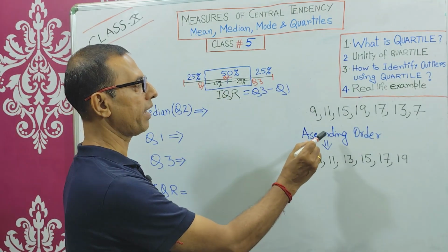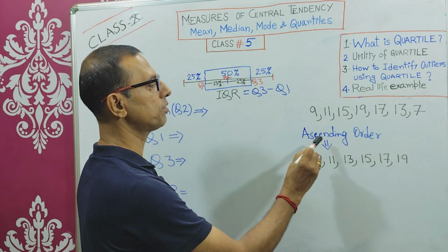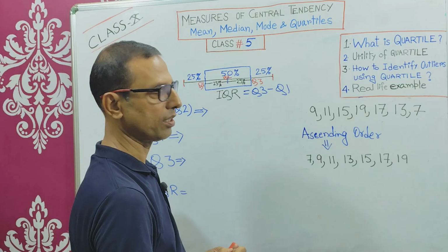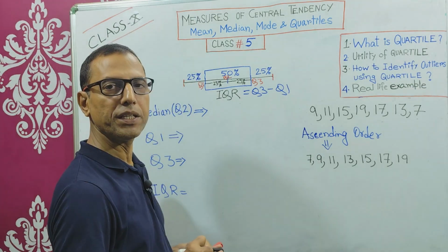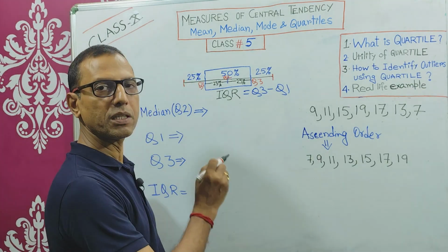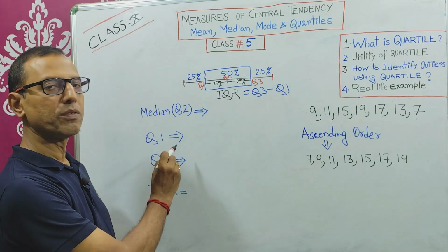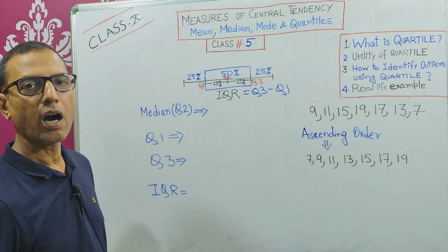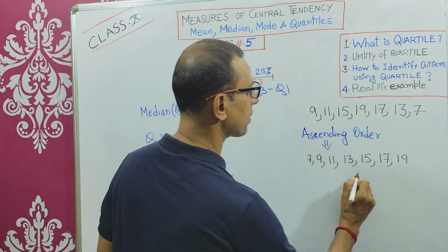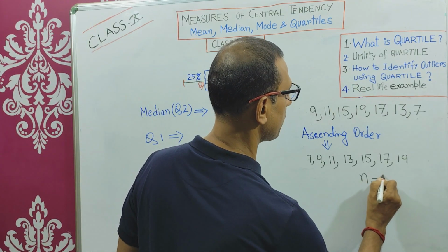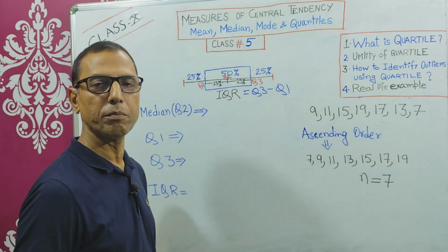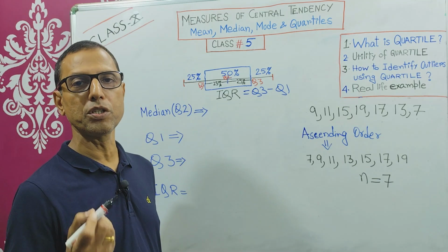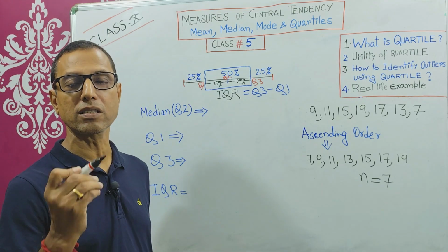So after arranging the observation values in ascending order, that's how it looks: 7, 9, 11, 13, 15, 17, 19. Now first you determine the median, and then you will determine Q1 and Q3. So how to determine the median? The number of observations n here is 7. Because median is a positional value, first you need to determine which position has the median.